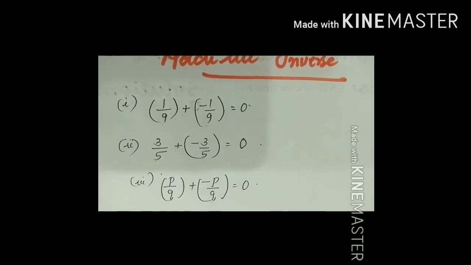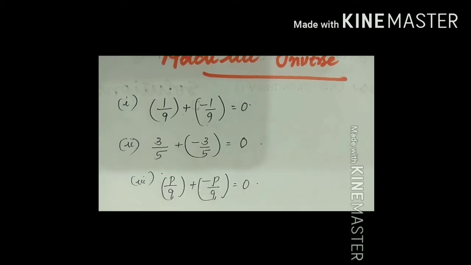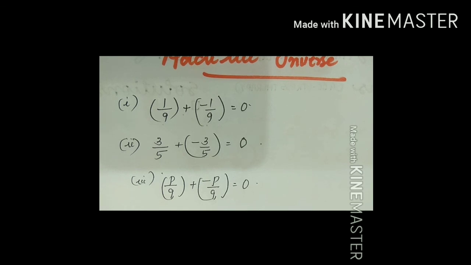Okay, children, this is enough for today. So let us recall all that we have learned today. First of all, we have learned the definition of a rational number. What is a rational number? A rational number is expressed in the form of p by q, where p and q are integers and q is not equal to 0.